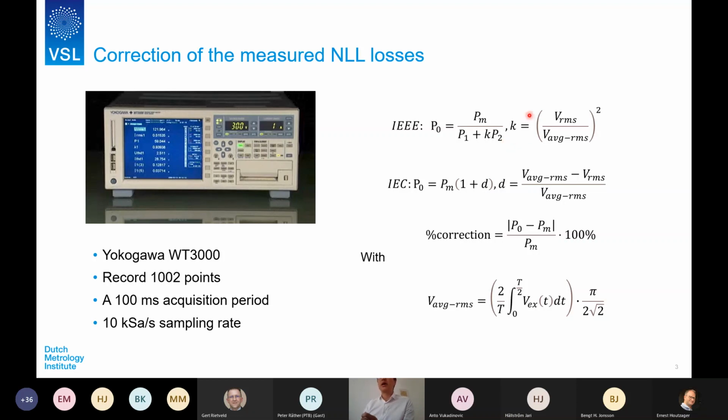There is an index, K and D, actually the same index, which describes the relation between VRMS, the true RMS of the voltage, and the AVG RMS, known as the rectified average RMS. The formulas for calculating it are shown at the bottom of this slide. This K and D is an indication of how distorted the voltage is.